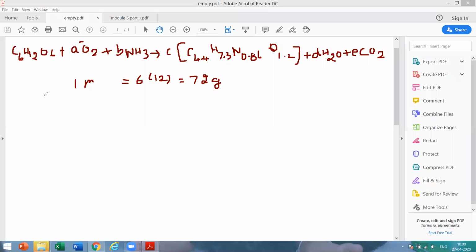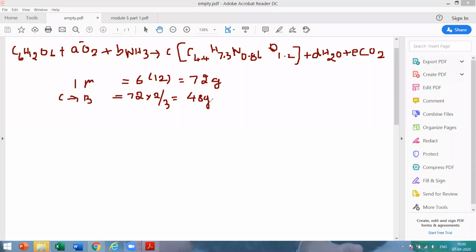The amount of carbon present in substrate is 72 grams. Now the amount of carbon converted to biomass we have to find. That is 72 into 2/3, which is 48 grams.